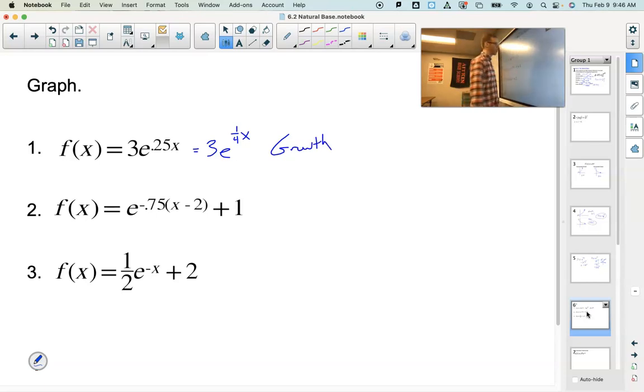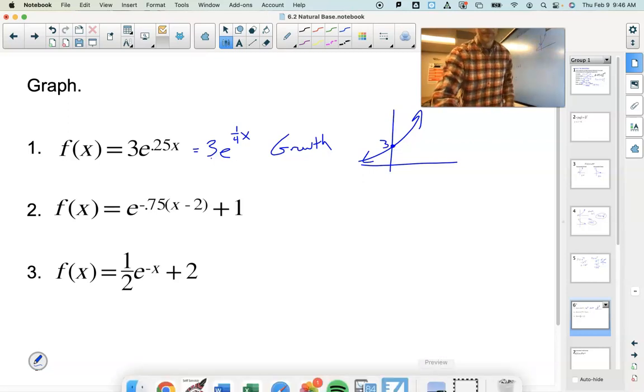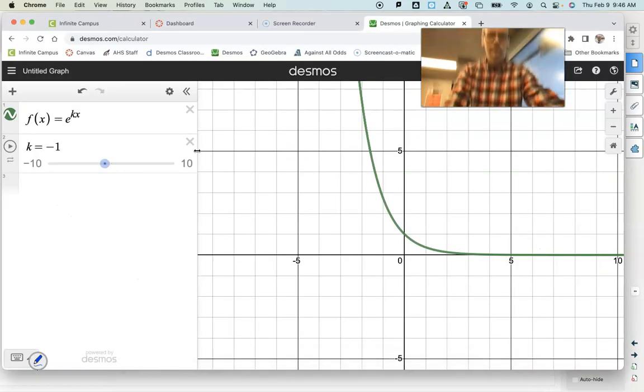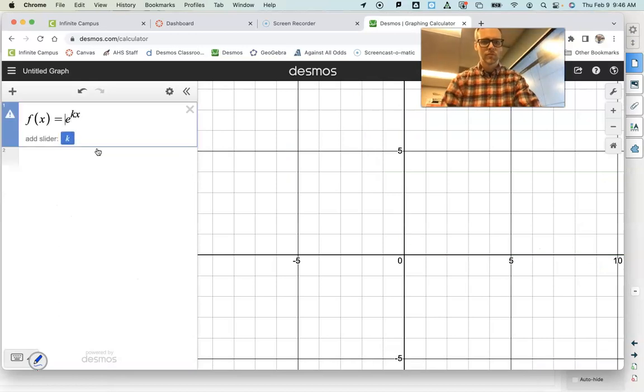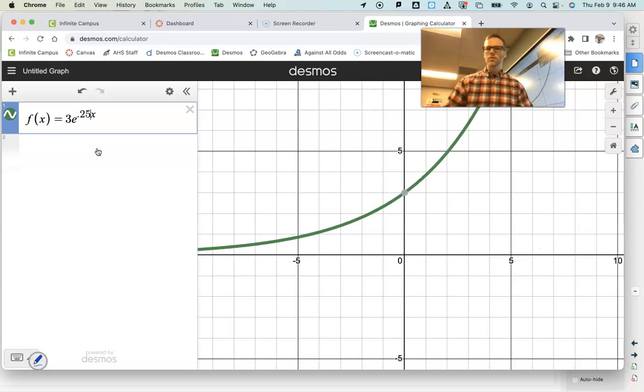What's the y-intercept going to be? 3. So I know it's going to be an exponential growth function whose y-intercept is 3. Let's graph that. There it is. Looks good.